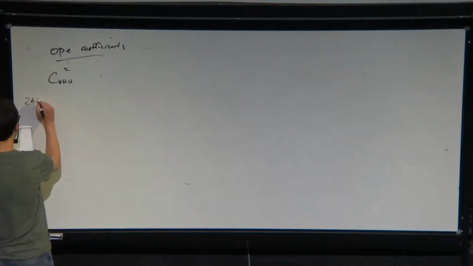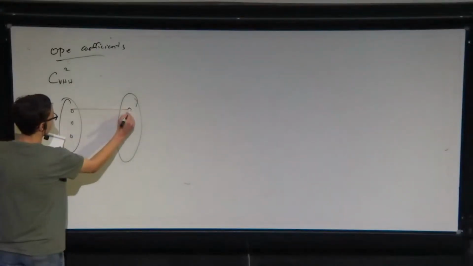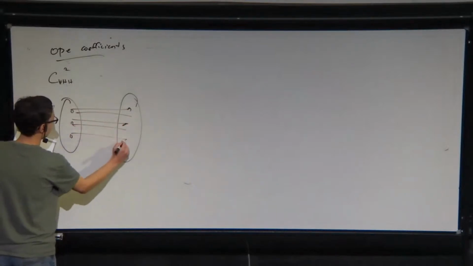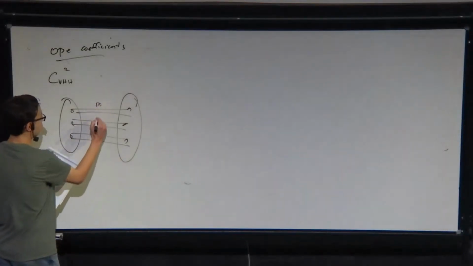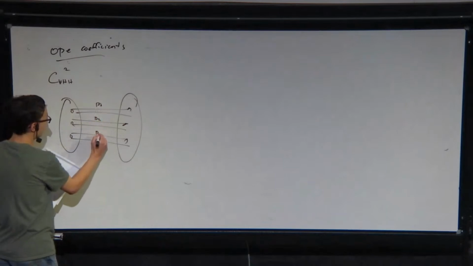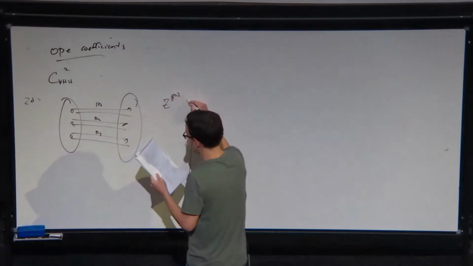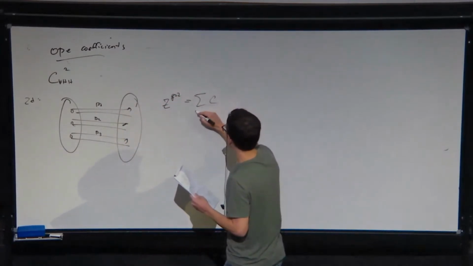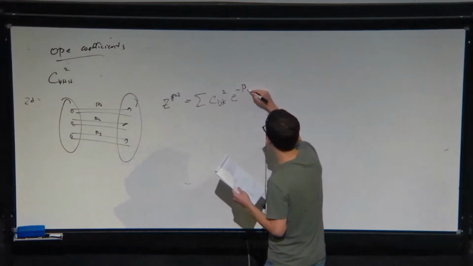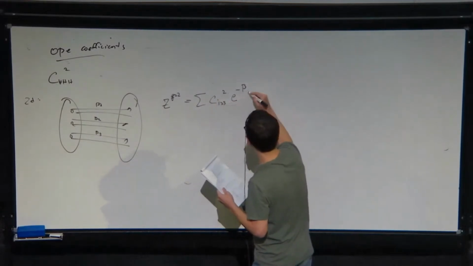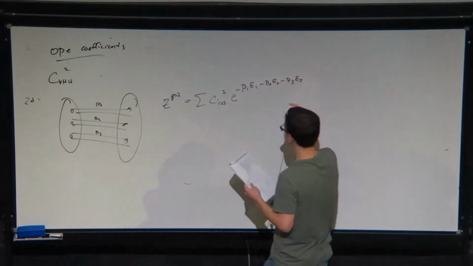In 2D, we look at a genus 2 partition function, which I'll decompose in this channel. If we compute the partition function of a 2D CFT on this geometry, and let's say the lengths of these are beta 1, beta 2, and beta 3, this partition function measures the sum over C_ijk squared of e to the minus beta 1 E1 minus beta 2 E2 minus beta 3 E3.